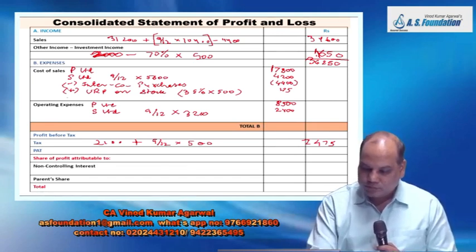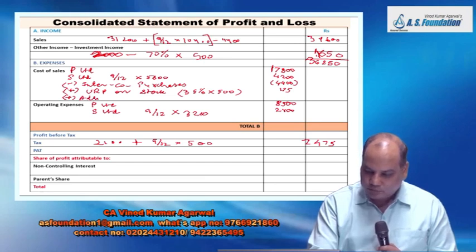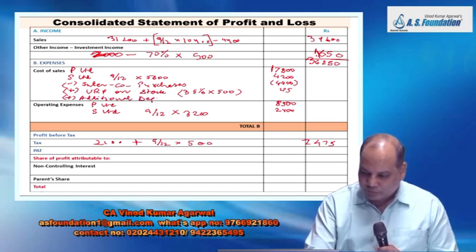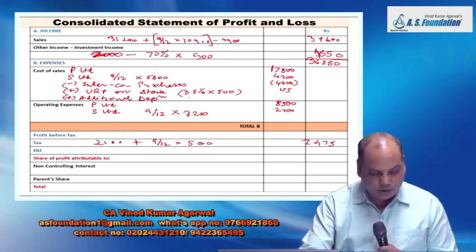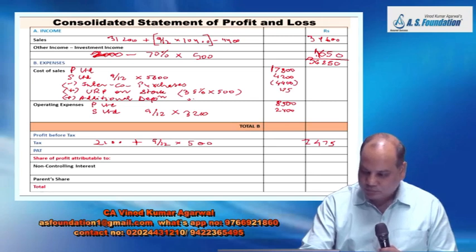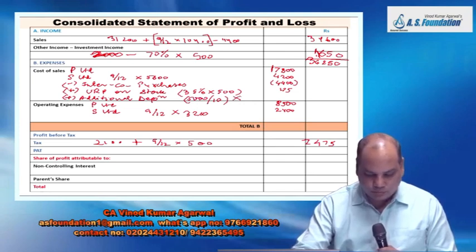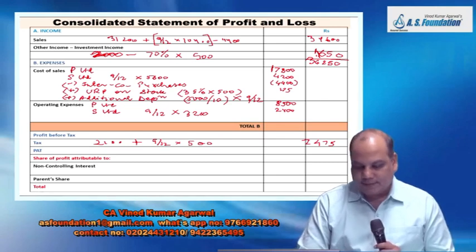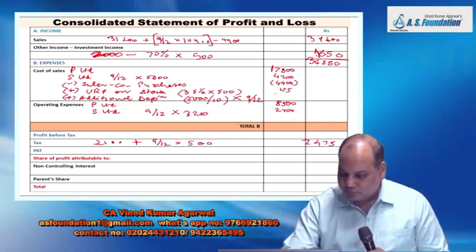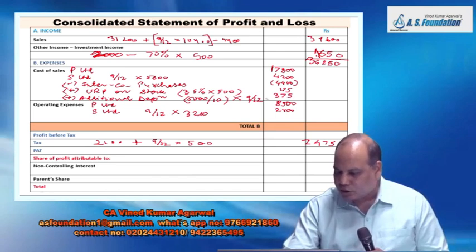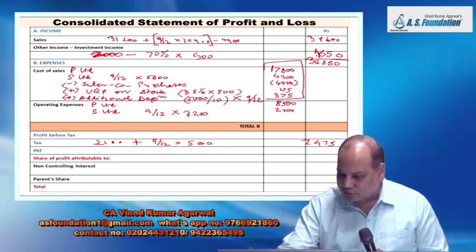Write down add additional depreciation 5,000 divided by 10 into 9 months by 12 months. So how much it comes to? 300. And now you take this total in the outer column, this cost of sale.